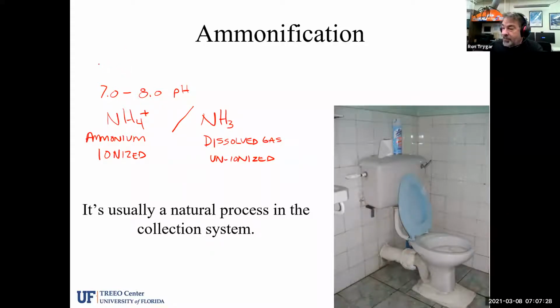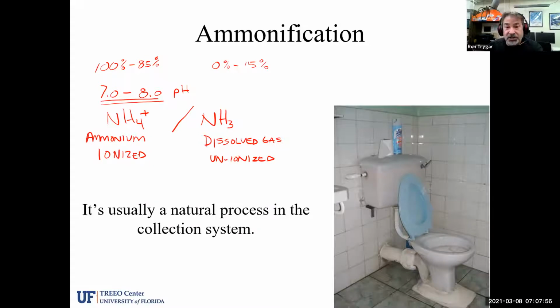We're going to find somewhere between 100% and maybe 85% as the ammonium. And then over here, we're going to have somewhere between 0% and maybe 15% of ammonia coming in the plant when our pH is somewhere between 7 and 8 in the influent wastewater.